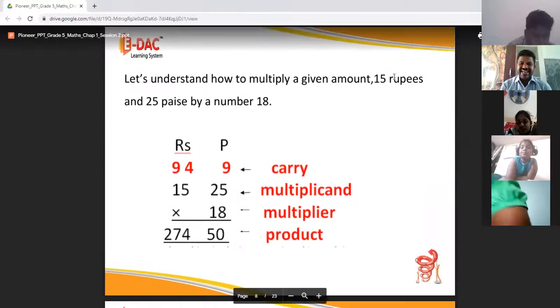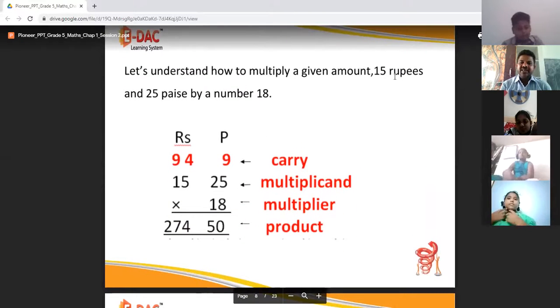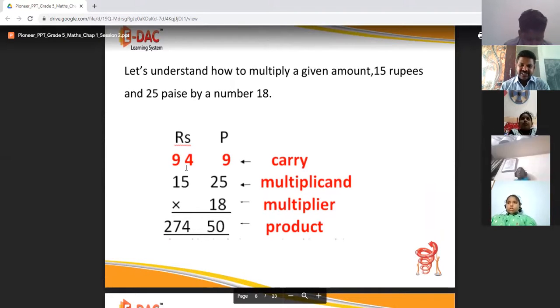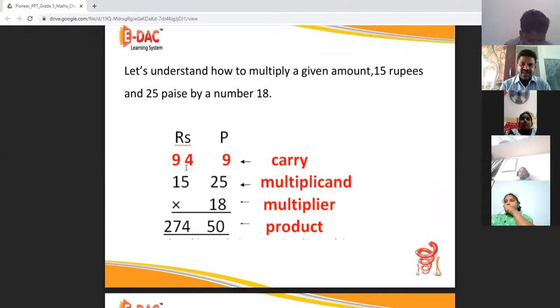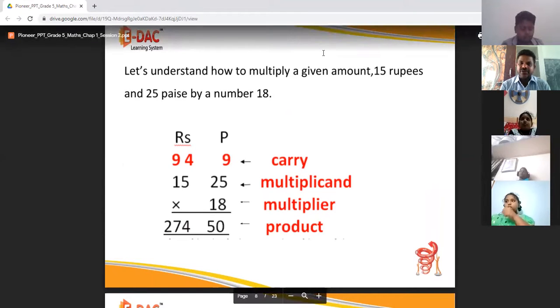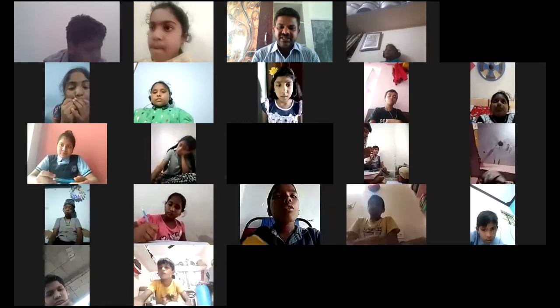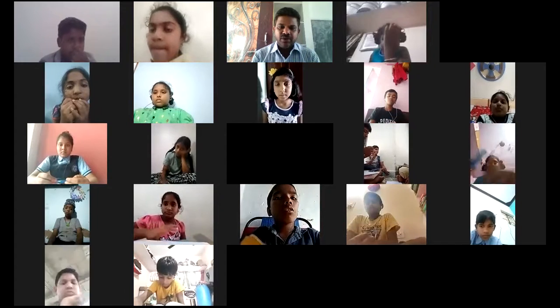Next, let us understand how to multiply a given amount, 15 rupees and 25 paise. Before learning about multiplication, we just learn how to add and subtract. I'm going to stop the screen and let's take the whiteboard now.